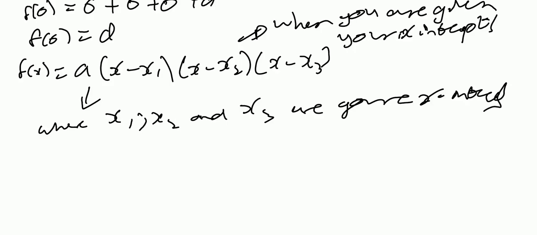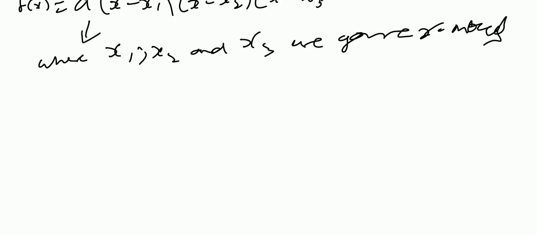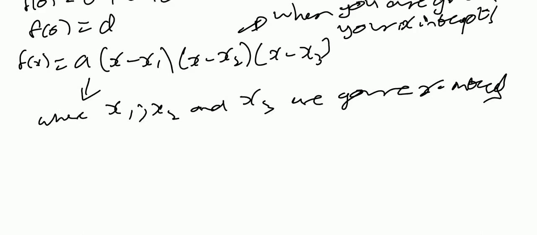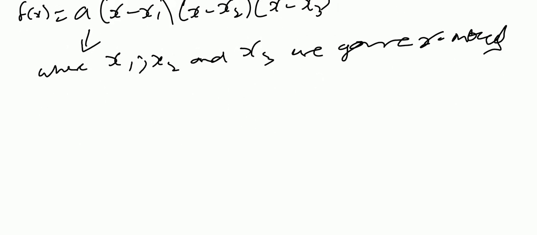So now let's move on to the next concept. Since we have introduced our cubic, and we have seen that our cubic can be written in two forms, now you ask yourself, what does your a represent?